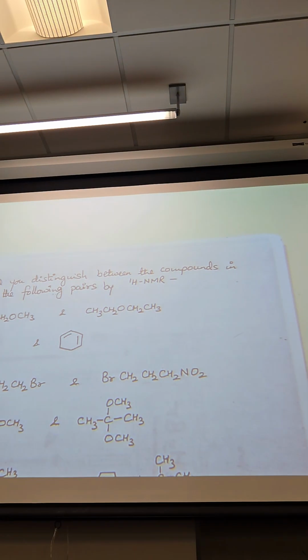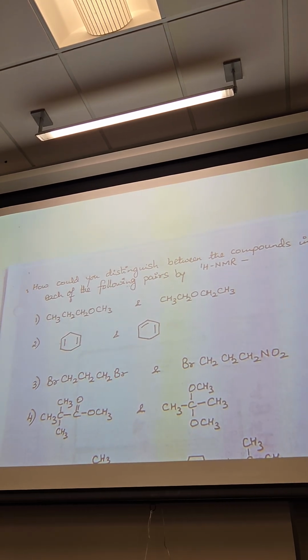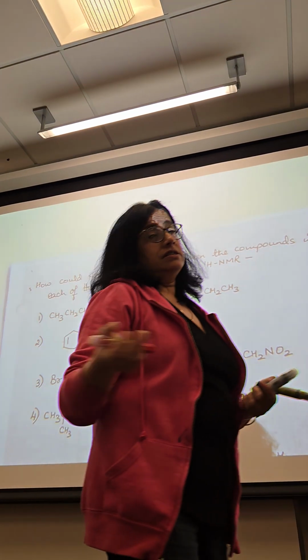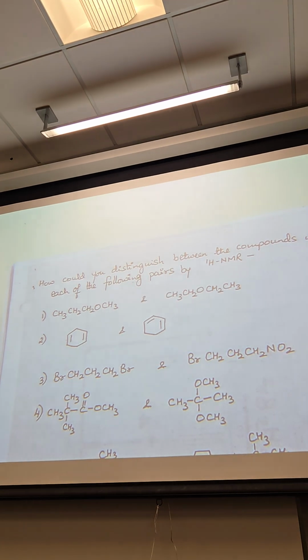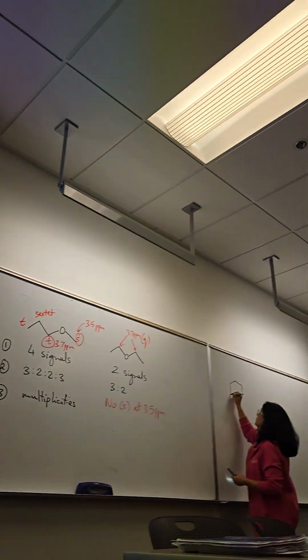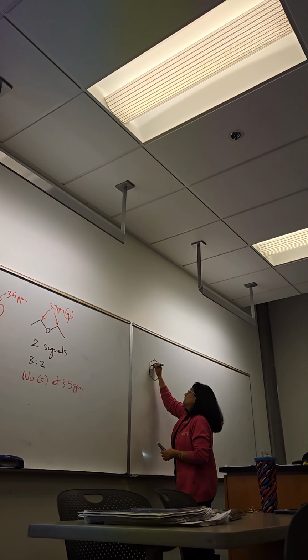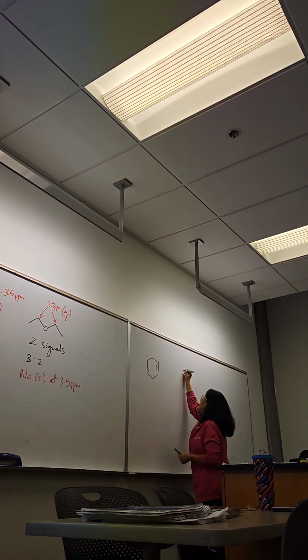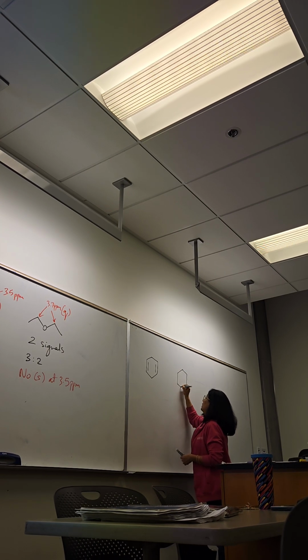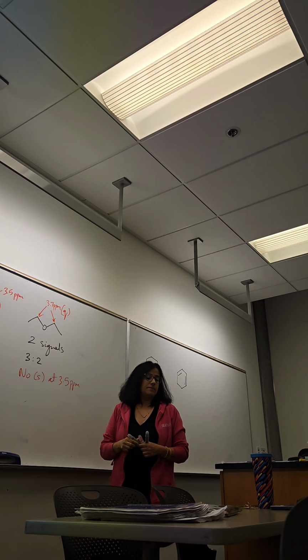So once again, you're looking at all the different things: number of signals, multiplicities, integration, sometimes chemical shift also. So how do you think we will be able to differentiate between this compound and this compound using proton NMR?